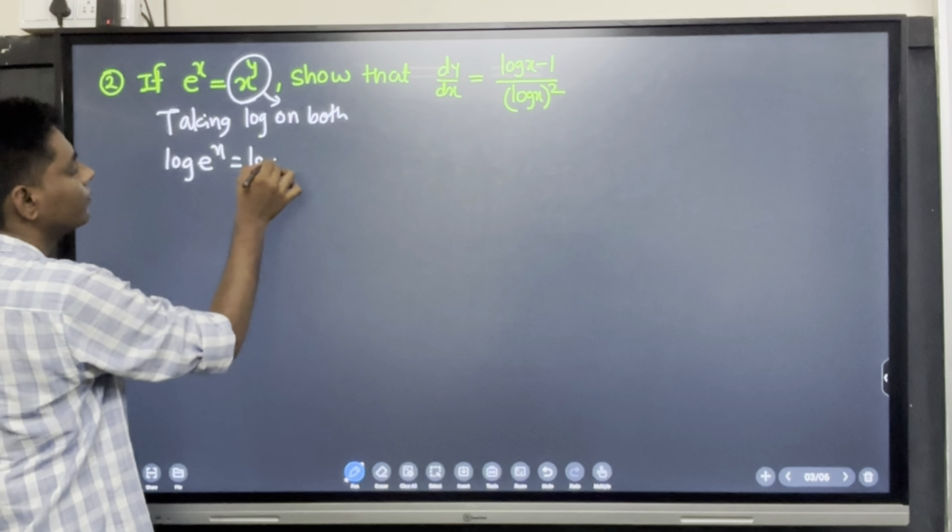Then use the property of log of m raised to n equal to n into log of m. Use the exponential property, apply it. So you get log x log a equal to y into log of x. From here log e answer is 1, so only x remains.